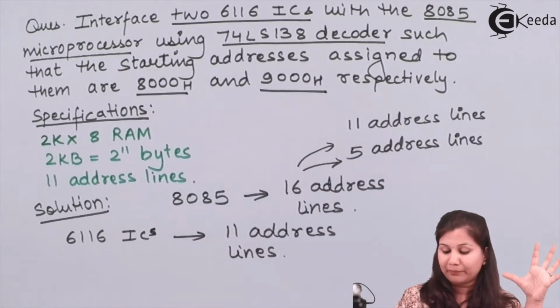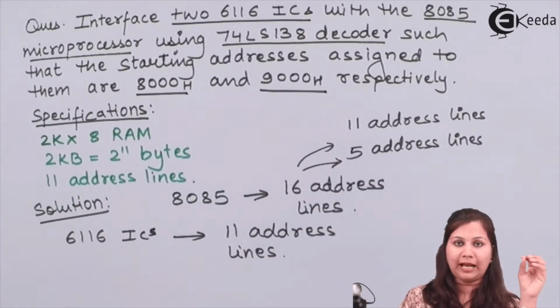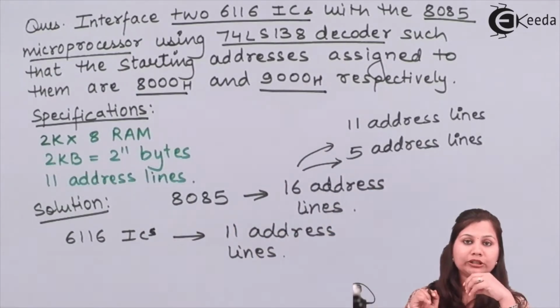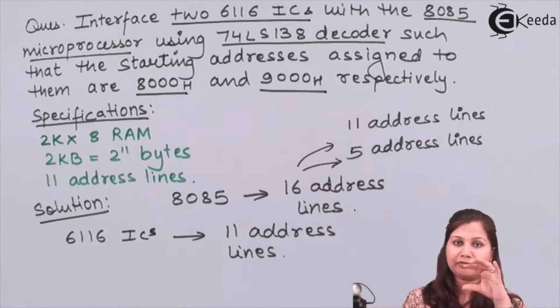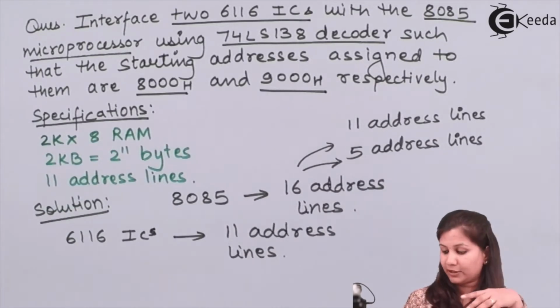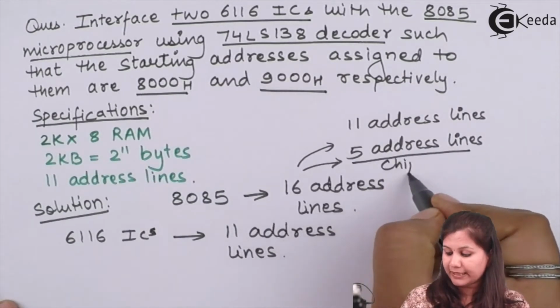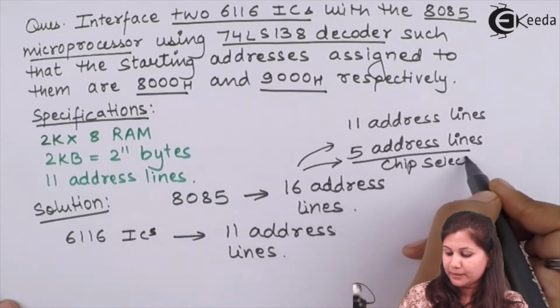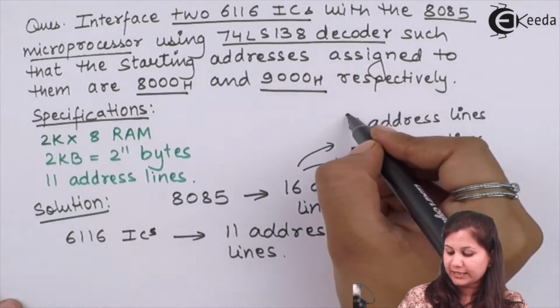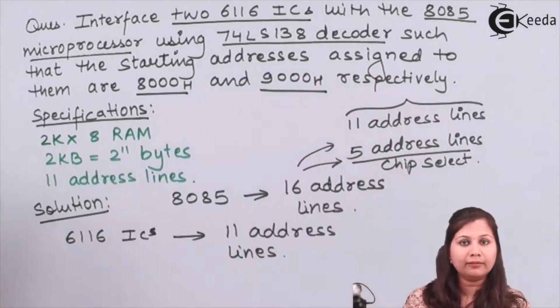For memory chip number 1, we will have some value of these 5 address lines, and for the second memory chip we will have different values of these 5 address lines. So these 5 address lines are used for forming the chip select signal, and the 11 address lines are used for addressing the memory chips.